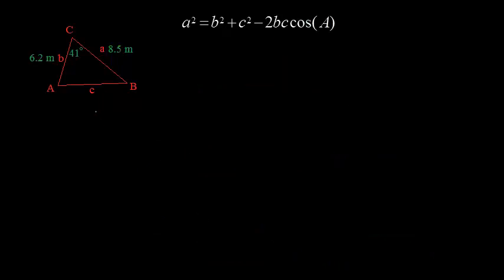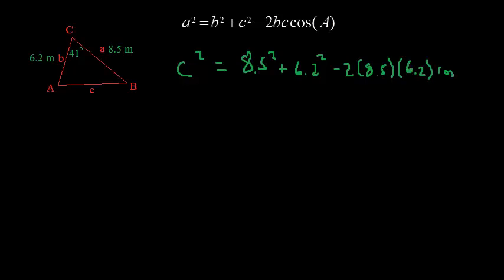Let's go ahead and solve one more where we find side C here given these two sides and an angle. So C squared then would be equal to my A squared, 8.5 squared, plus my 6.2 squared minus 2 times 8.5 times 6.2 times the cosine of 41 degrees.